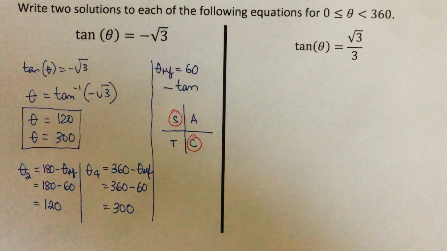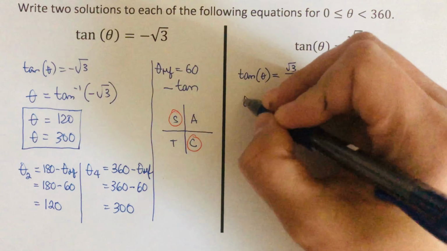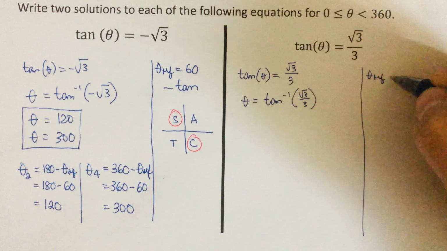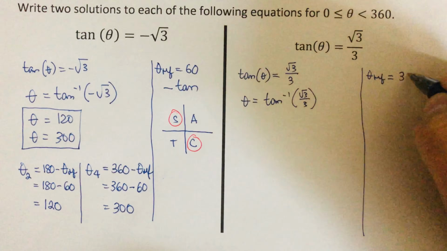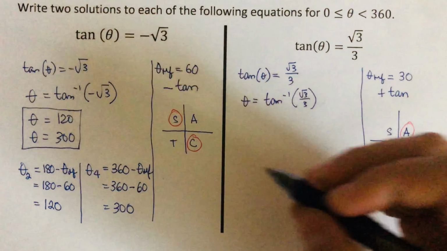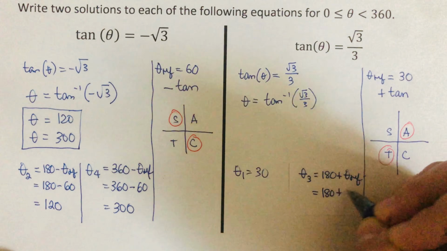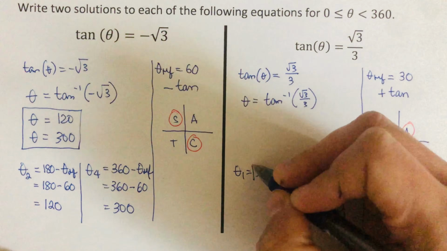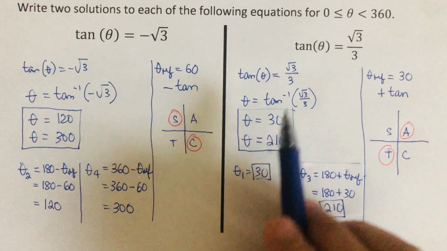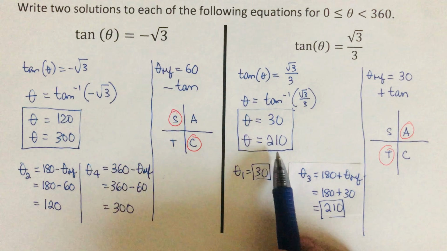Okay, so we go over the problem here. So I'm just gonna set this up. Okay, so the two angles that will satisfy this equation, tangent theta is equal to square root of 3 over 3, would be 30 and 210.